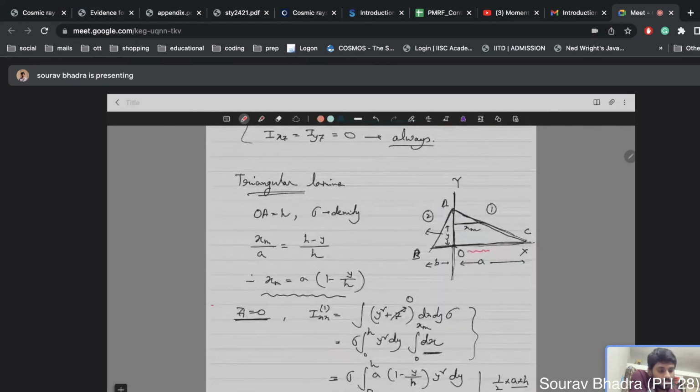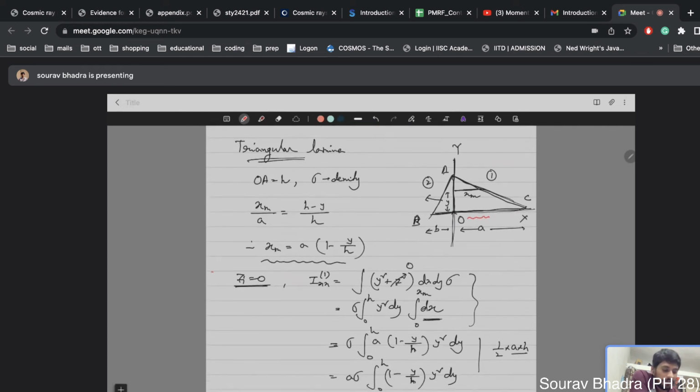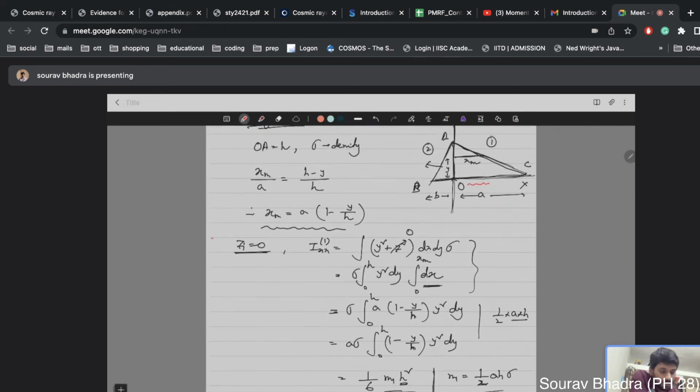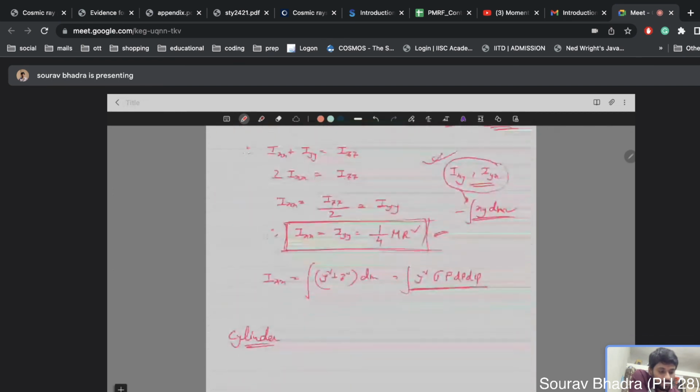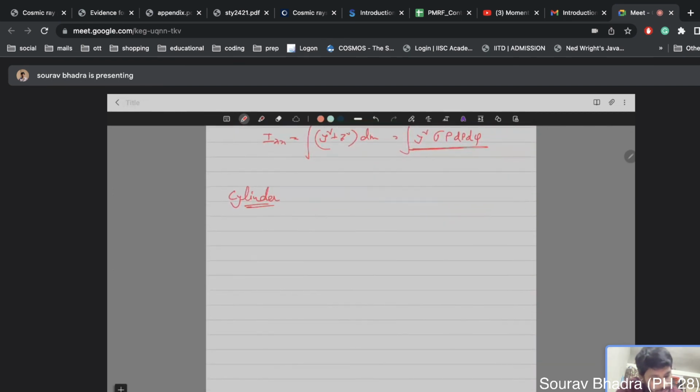But this you cannot say is symmetrical, because if you consider the y-axis, that body is not symmetrical. That's why we calculated by dividing into two parts, first and second. So we have done one asymmetric body also, and this one is symmetrical. So this cylinder we will also take as a symmetric cylinder.